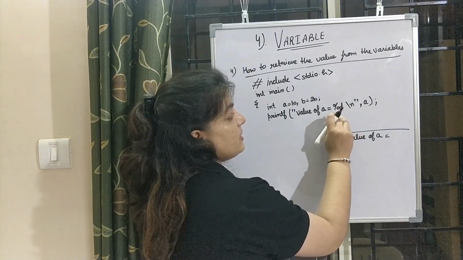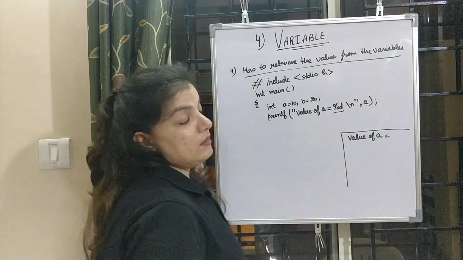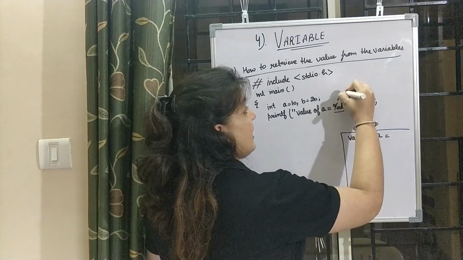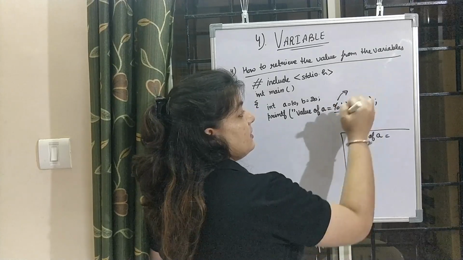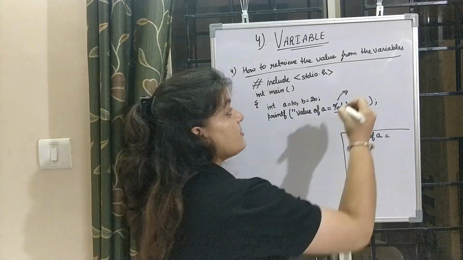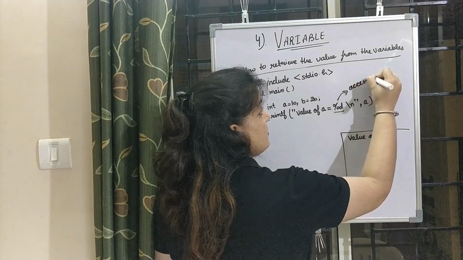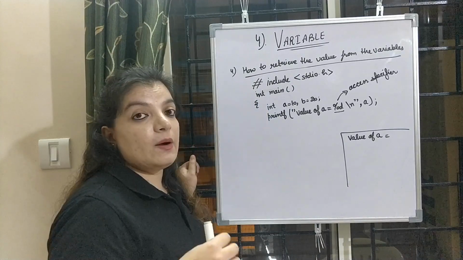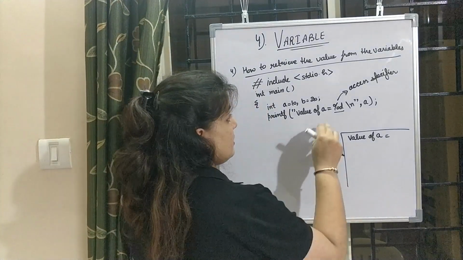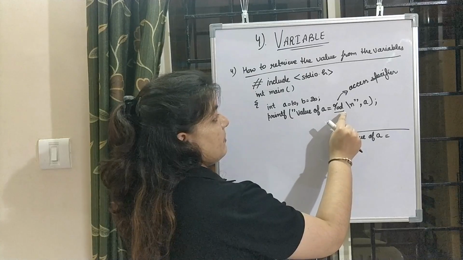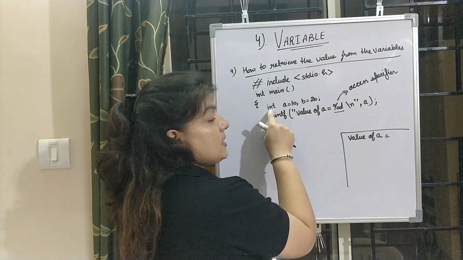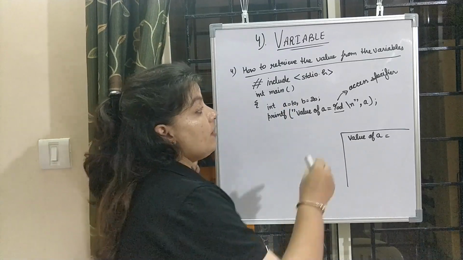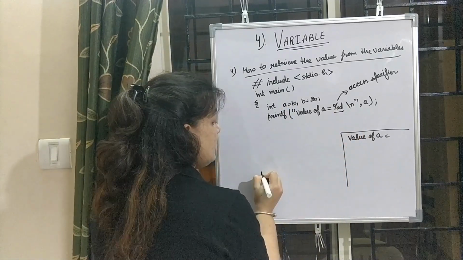Here you are watching this character, %d. This is not known as a character, it is known as an access specifier. We will discuss this in my coming videos. Here you just need to remember: if we are using the integer data type, to print the value of integer variables we use the access specifier %d.